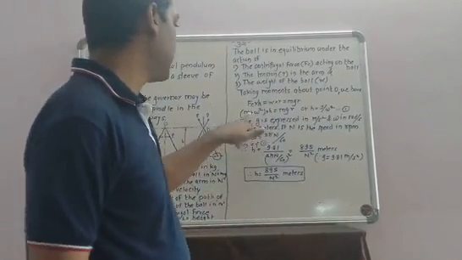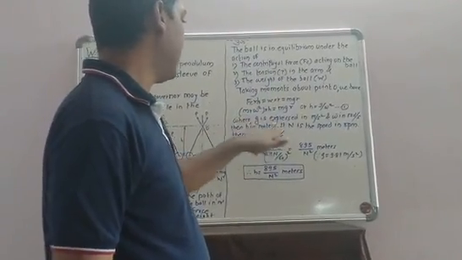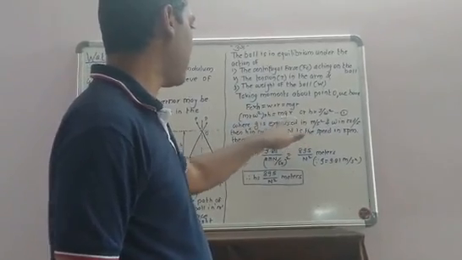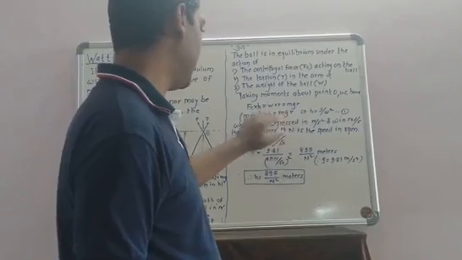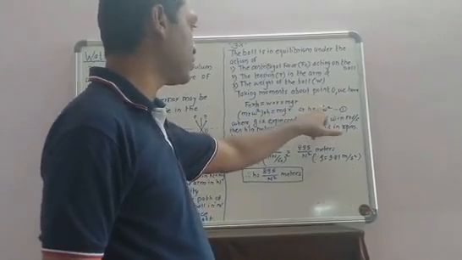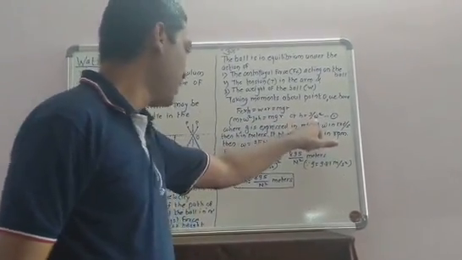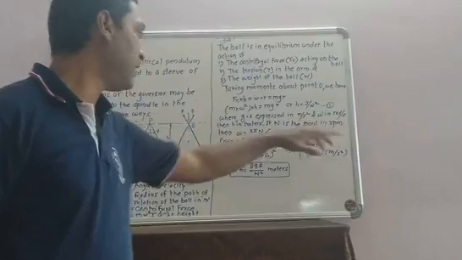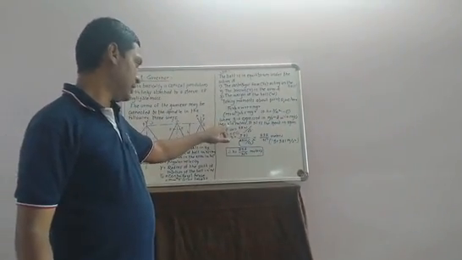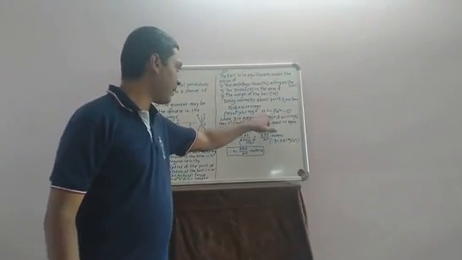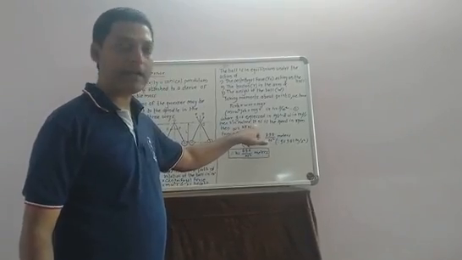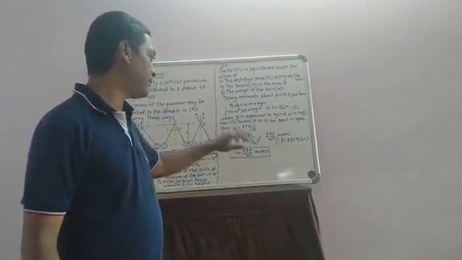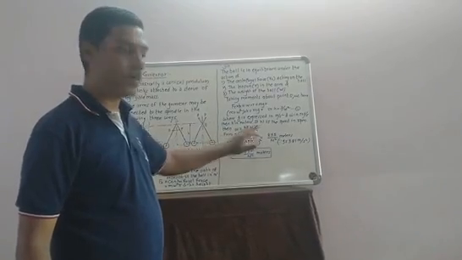Here m and r are common to both sides, so they get cancelled, and we get h equals g divided by omega square, where g is in meters per second square and omega is in radians per second, and h is in meters. If n is the speed in rpm, then omega equals 2 pi n divided by 60.